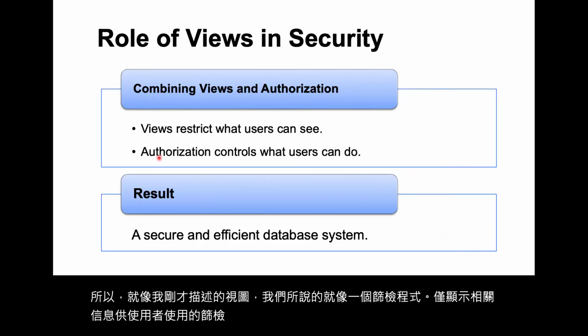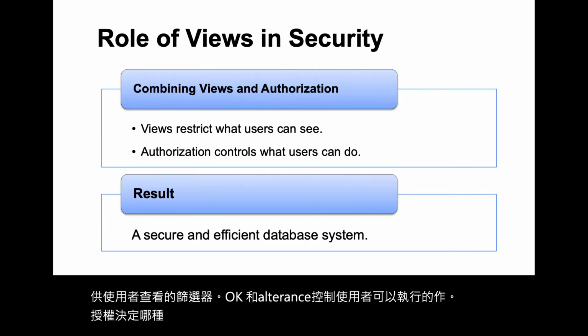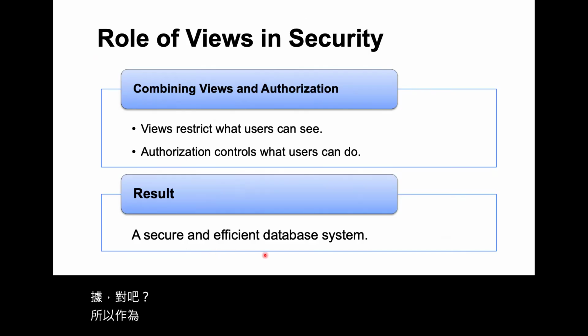Okay, and authorization controls what users can do. The authorizations decide what kind of actions the users can perform, like view, edit, or delete the data, right? So as a result, a secure and efficient database system.